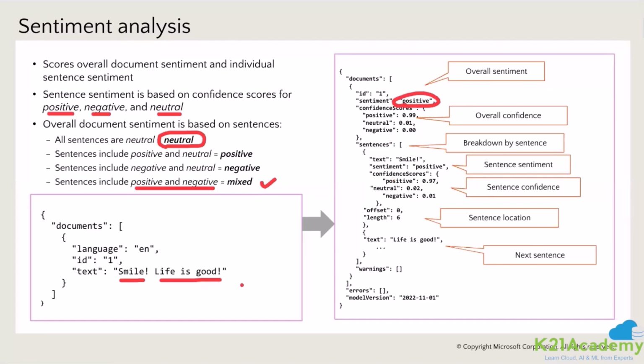But if you would like to get both sentences separately, the first portion here is specifically for smile, and similarly we will have another portion for life is good. So you will get them separately, and if you want, you can also get the offset and the length of the words. You will get a lot of information related to your lines or the input text. Make sense? Sentiment: positive, negative, neutral, and one more, mixed.